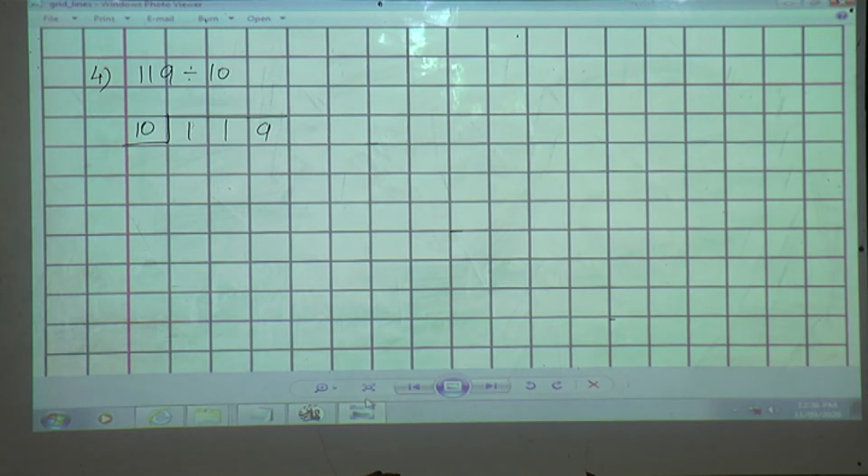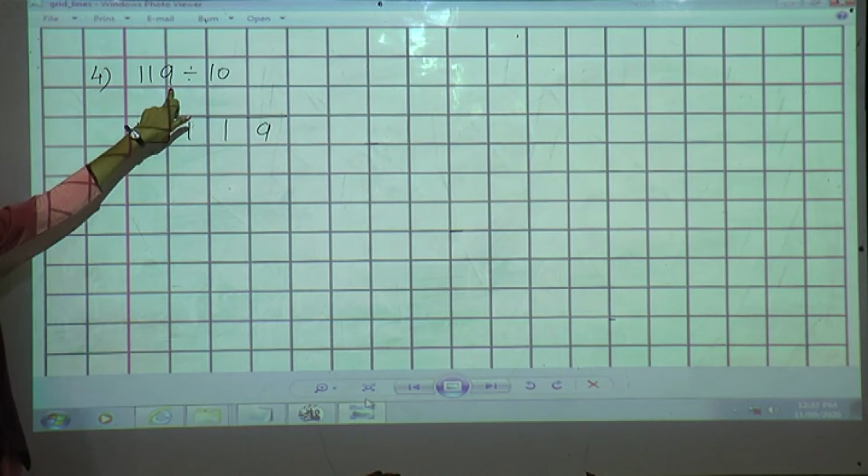After solving, how many remainder we will get? Yes, what remainder we will get? See the ones place digit, at ones place here 9 is there. So after solving we should get the remainder 9 only and remaining numbers will form the quotient. Means after solving we will get the quotient 11 and remainder 9.